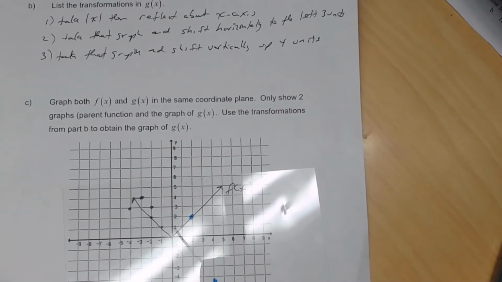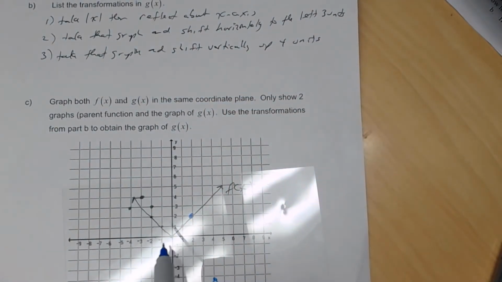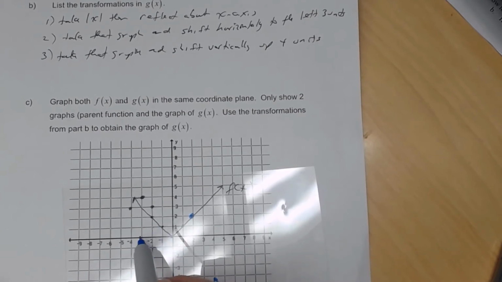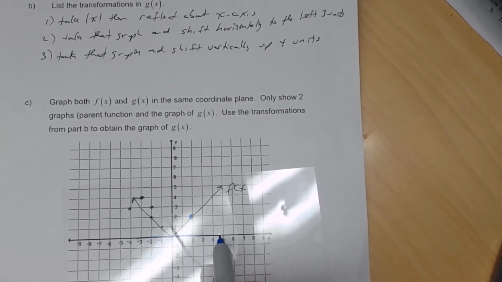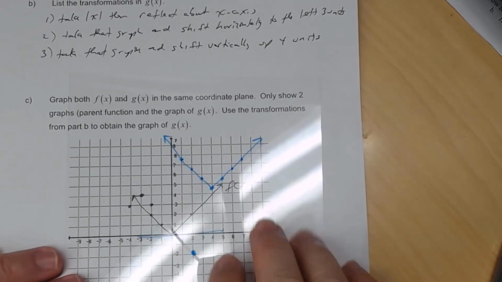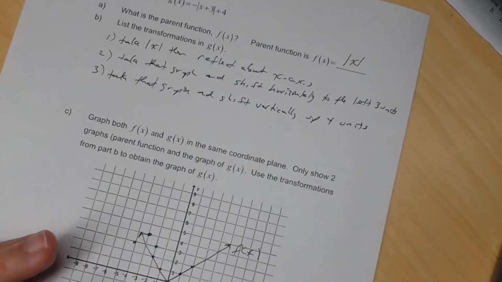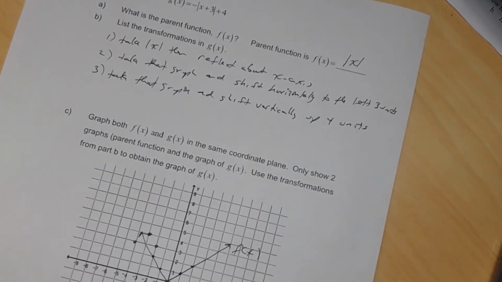So when I reflected about the x-axis, see this is the x-axis here. All right, so when I reflect about the x-axis, it is still the x-axis right here. So you get this point here. Okay? All right, so let's think about that. You use transparency to help you.